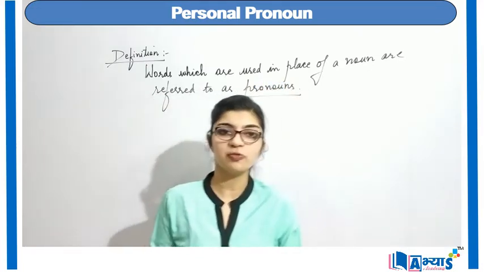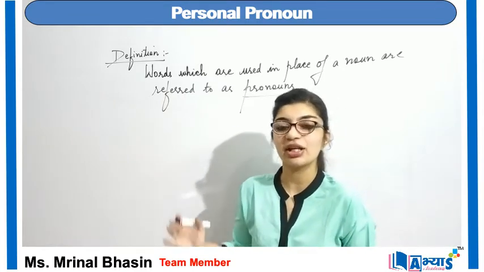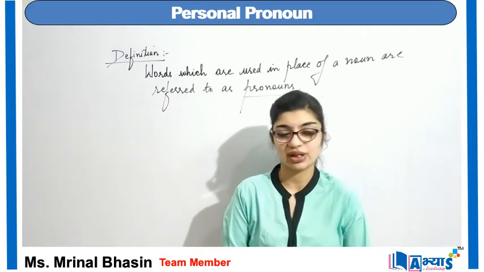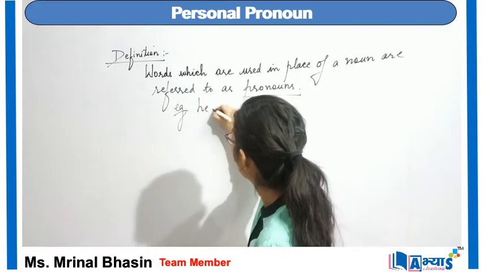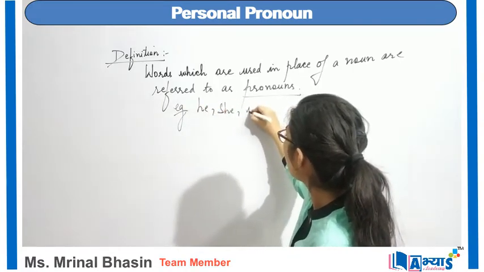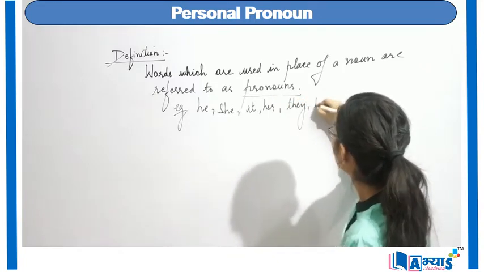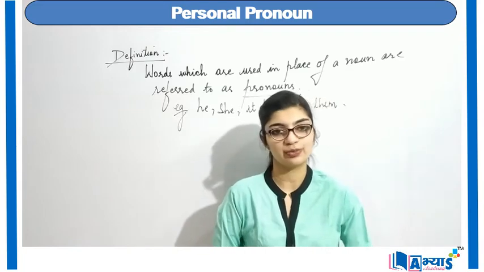So the role of pronouns is similar to that of a noun. It is just that pronouns are used as a replacement for nouns. For example, he, she, it, her, they, them, all these are referred to as pronouns.